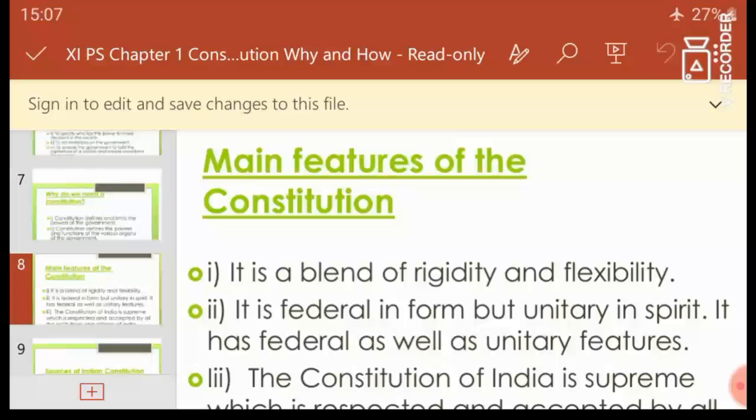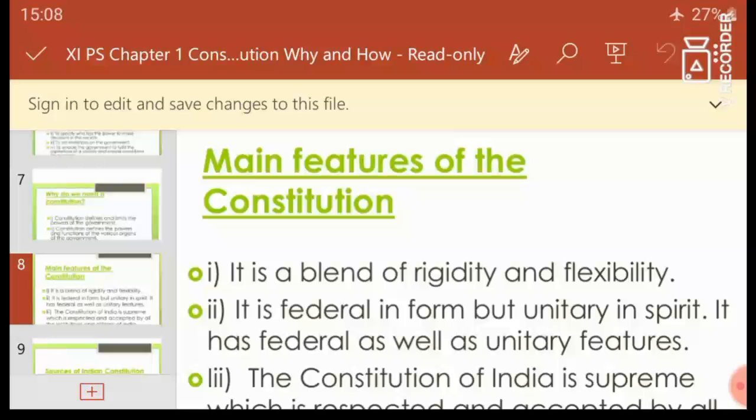Second is the state governments, who are running the provincial governments. Third is the local self-governments, who have taken the issues of local self-governance, Panchayati Raj and all. So, in this way, our constitution has enabled the federal type of feature and even created a strong federation.